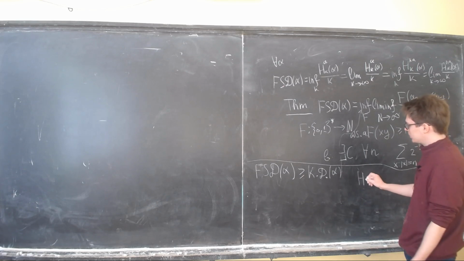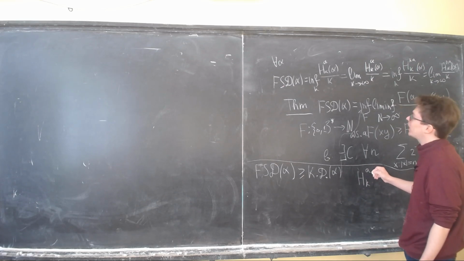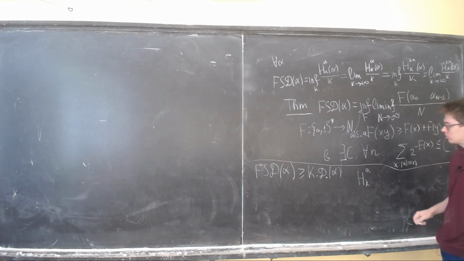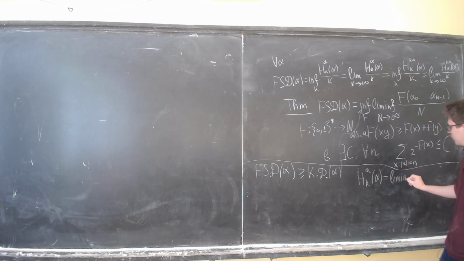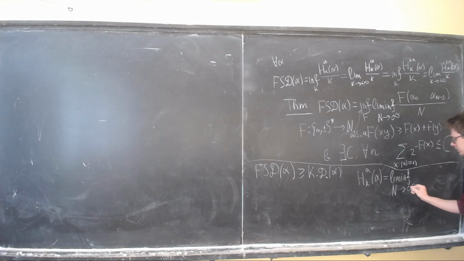And recall what is h_k. For example, I can consider aligned blocks. So what is h_k of alpha? This is the lim of entropies of some distributions.